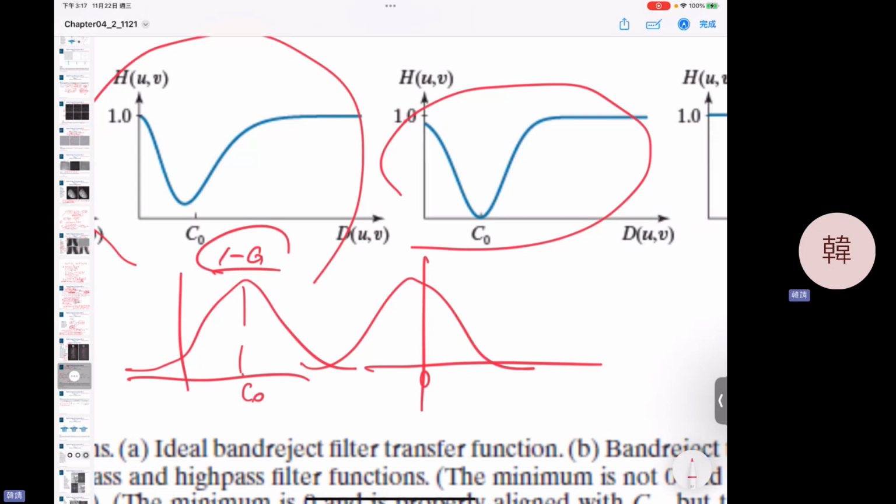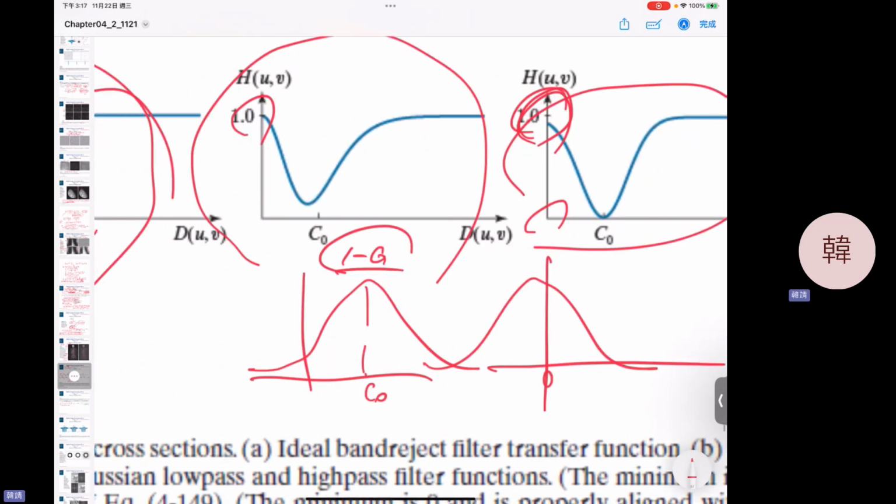You can also use two Gaussians to get this result. But if you take 1 minus this Gaussian filter, the result at zero frequency is not our original expectation. It should be 1.